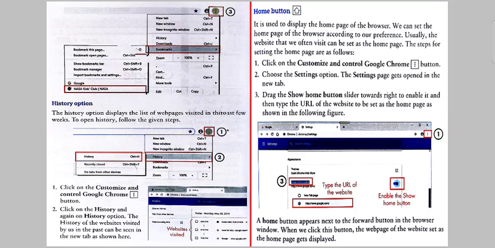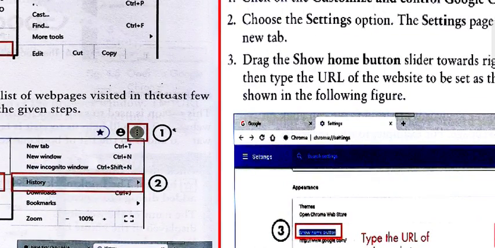So here you can see the home button is next to the forward button. When we click this button, the web pages of the website set as the home page get displayed. So this is the basic process to set a home page in the web browser.